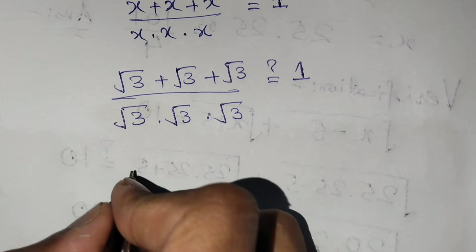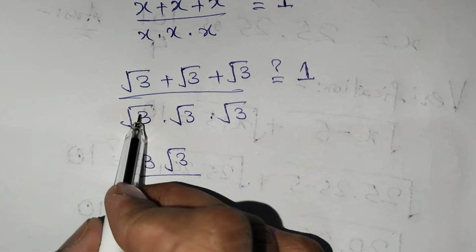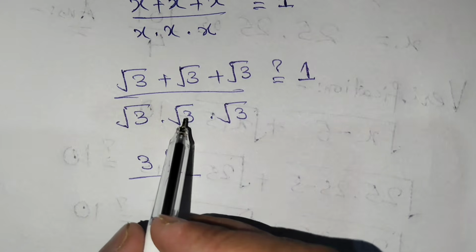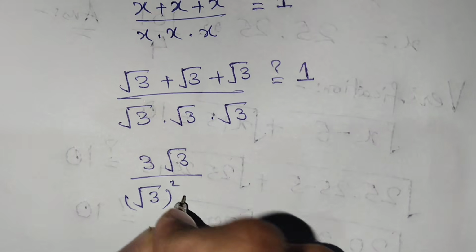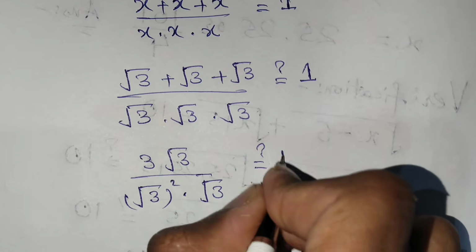This will be equal to 3 times square root of 3, and square root of 3 times square root of 3, this is square root of 3 whole square, times square root of 3, equals 1.